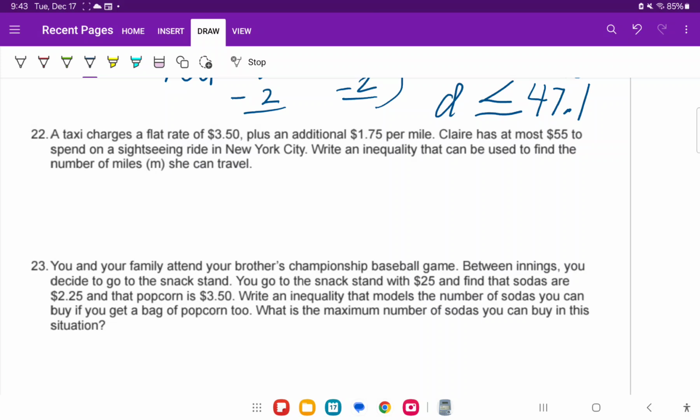All right, so we have a flat rate of $3.50, right? Plus an additional $1.75 times the number of miles that she's going to go. And it has to be, right, that's the most money she can spend, so it has to be less than or equal to 55.